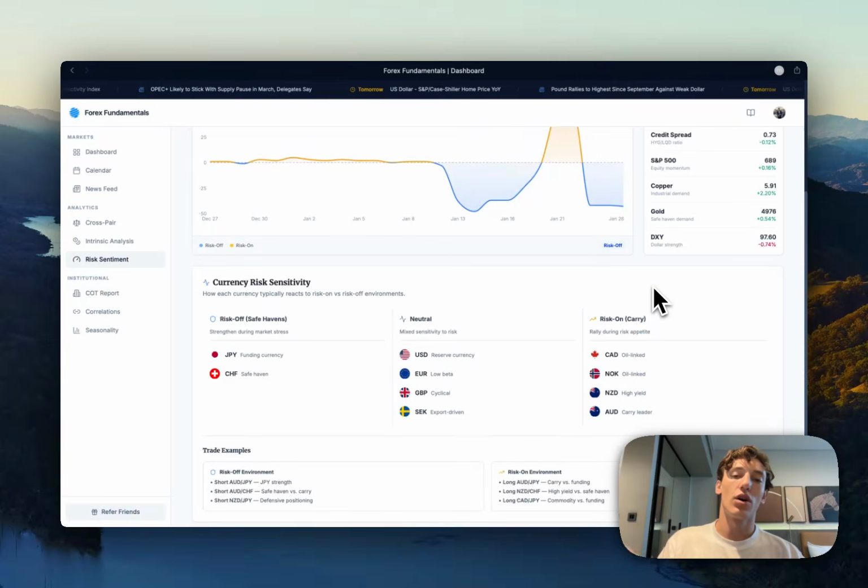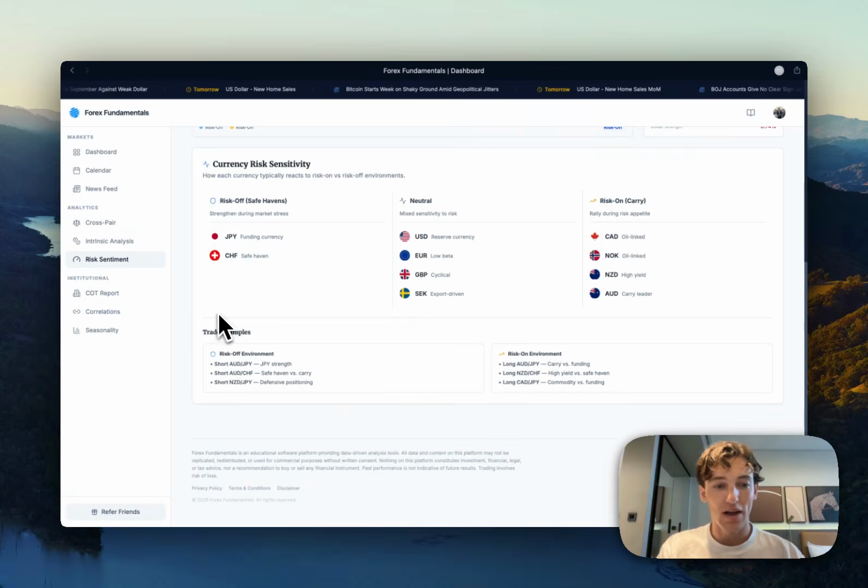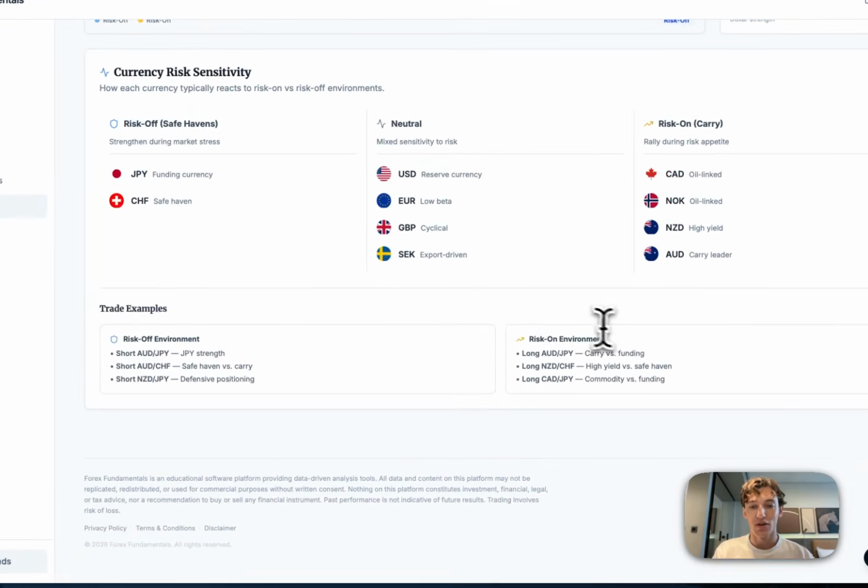So if you are seeing a trend into risk off, it might not be the best to long New Zealand dollar or Australian dollar, as that's a risk on currency. We have neutral currencies as well. And we have risk off currencies like the yen and the Swiss. So that's good to know. So we have risk off environments and risk on environments.